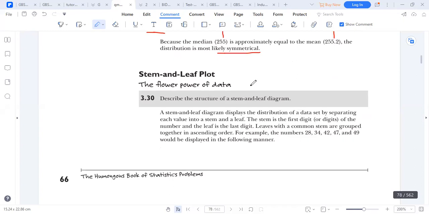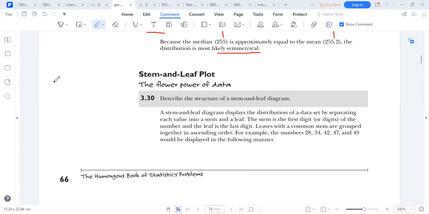So now we go to the stem and leaf diagram. Question: what is the stem and leaf diagram? This is a diagram which displays the distribution of data by separating the values into a stem and leaf. So the first digit or digits of the number are called the stem, and the last is called the leaf.